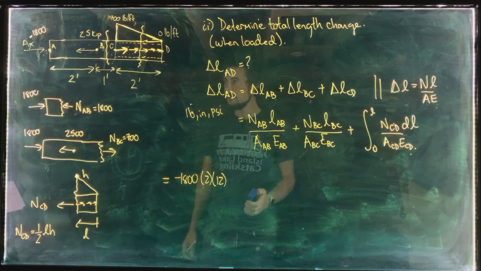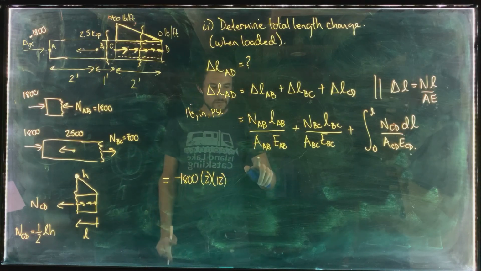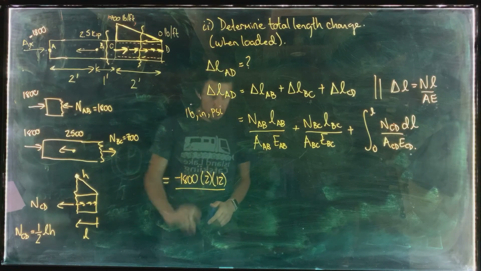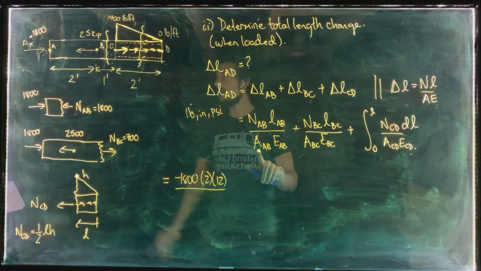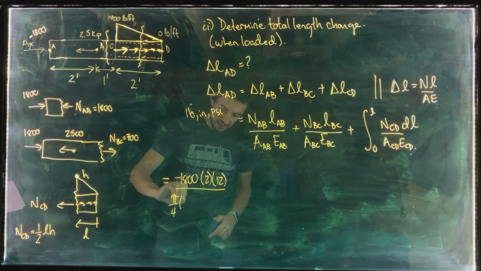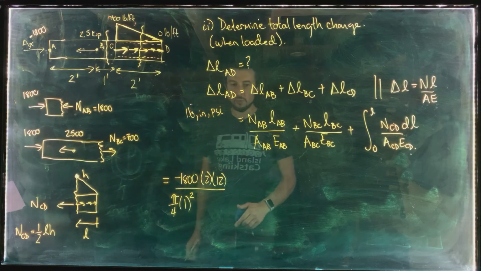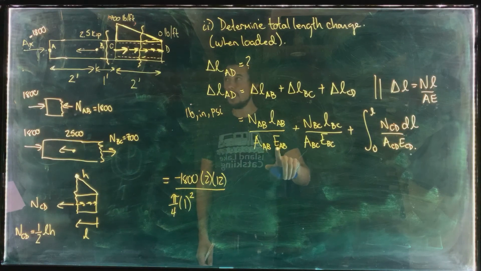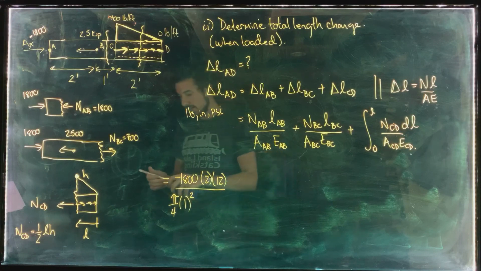Okay. Now on the denominator, we've got the area of segment AB. That was pi over 4 d squared, where the diameter is 1 inch. And then we've got the modulus of elasticity of segment AB, right?